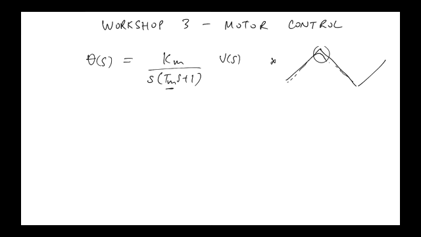Now, what you may have done this week is look at how to do open loop control and closed loop control. What I want to talk about now has to do with the difference between the two types of control. So let's look at open loop control first.